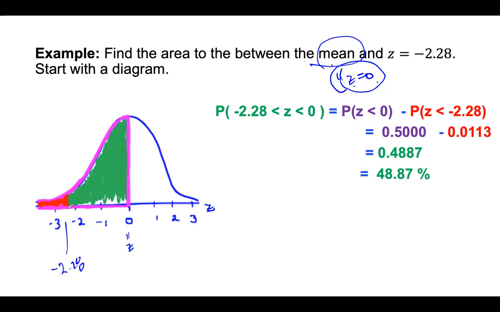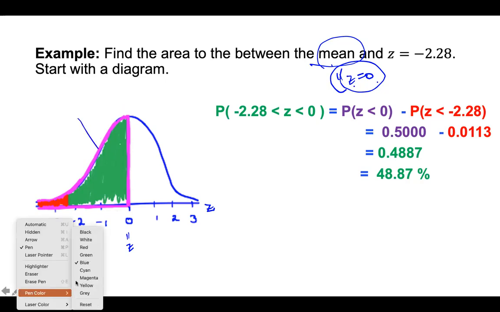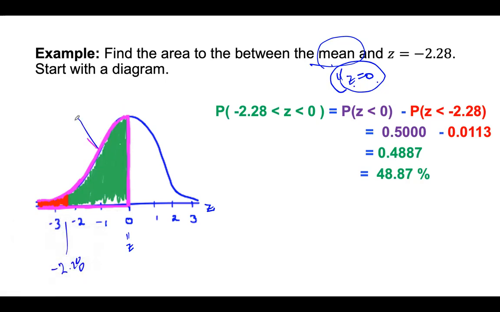So we take this whole area, but we know this whole area because of symmetry, this side, so let's color code it. So this side is 0.5, and also this side is 0.5. So we can take basically 0.5 minus this little area over here, the red area, because it's left side, and then we can find that area.